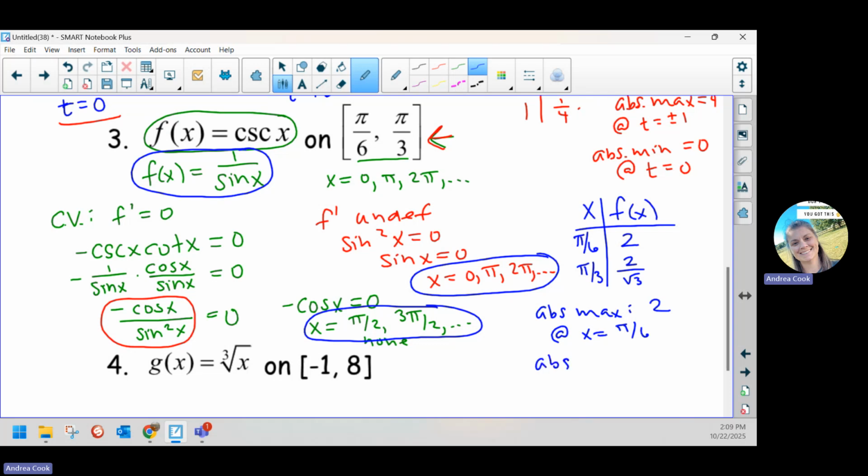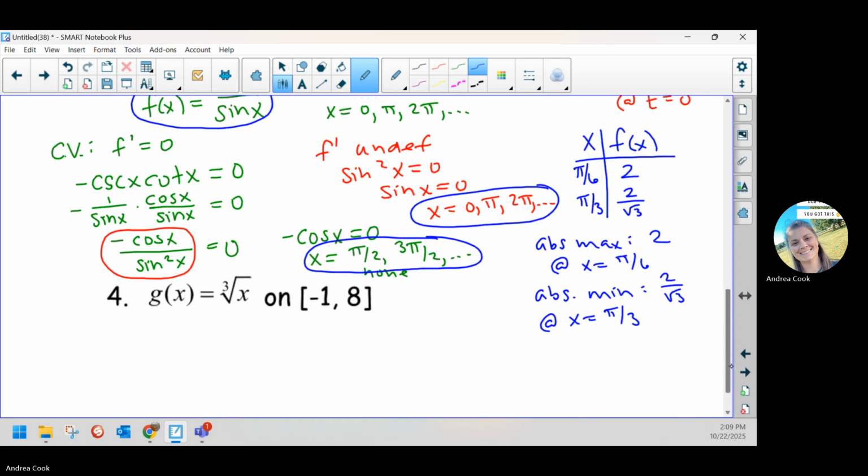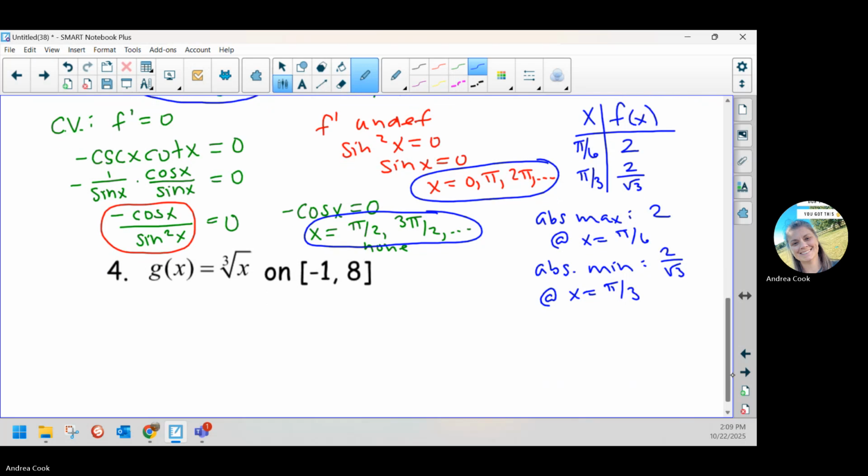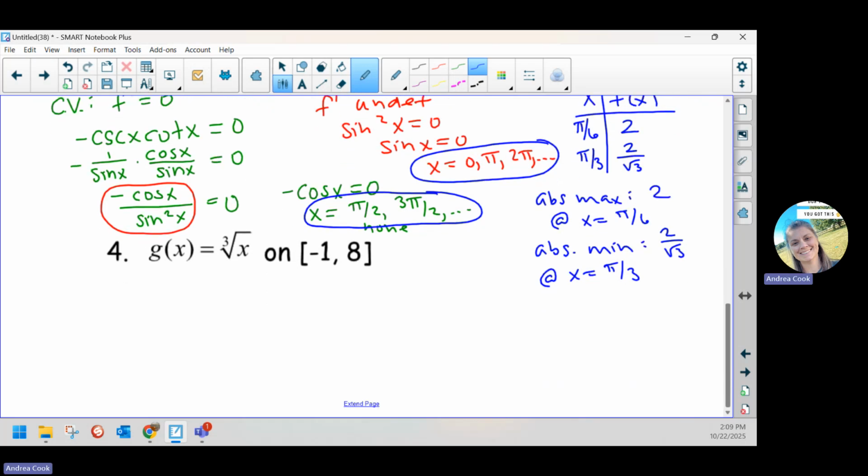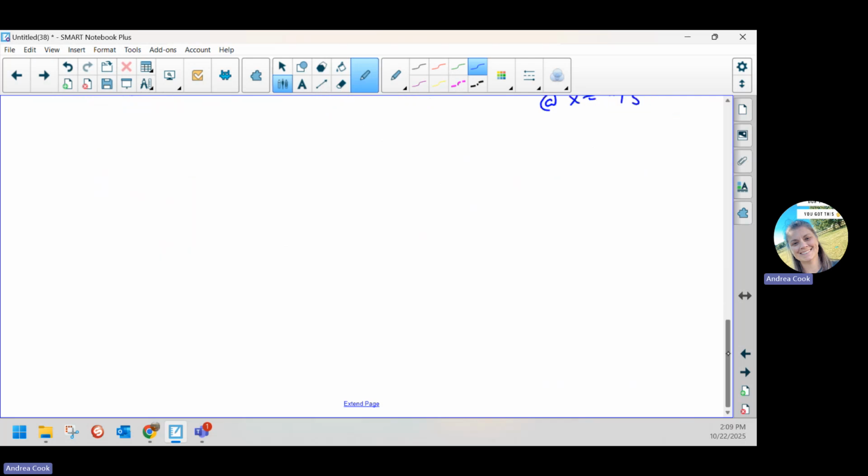And my absolute min is 2 divided by the square root of 3, and that happens at x equals pi over 3. Okay, so I would like for you to try the last example, pause the video, and then come back and see if you get the right answer.